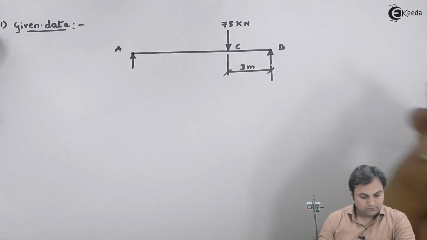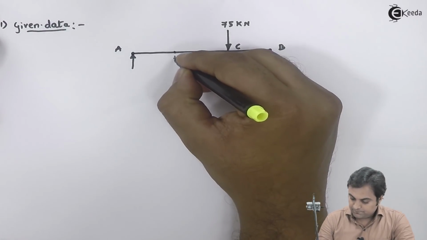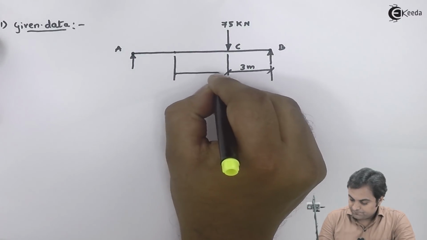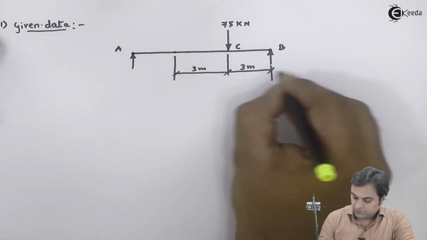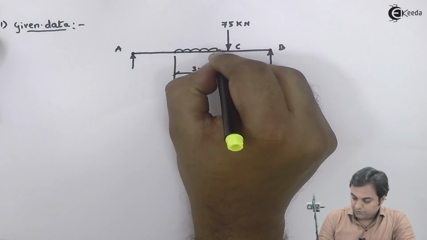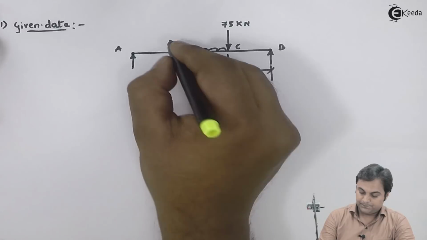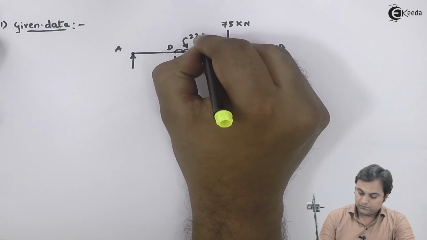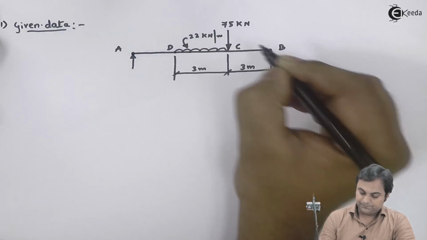Next, at 6 meters distance from B, we have UDL up to the point load of 75 kilonewton. Intensity is 22 kilonewton per meter.